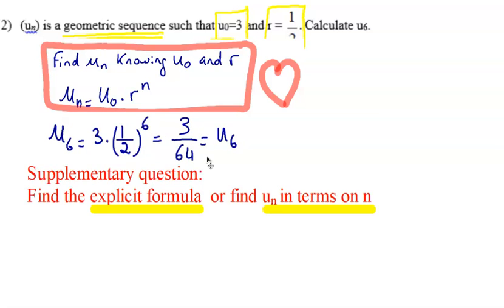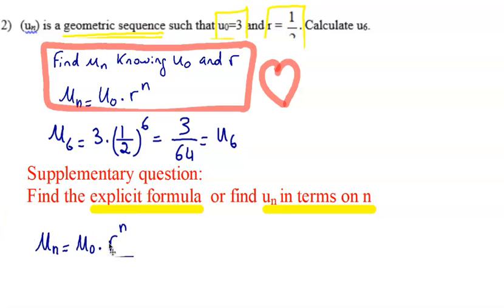Now let's answer the supplementary question in the same part. Find the explicit formula, or find un in terms of n. When I say find the explicit formula, it means to find any term un in terms of the first term and the common ratio.